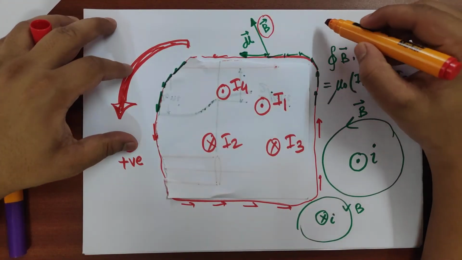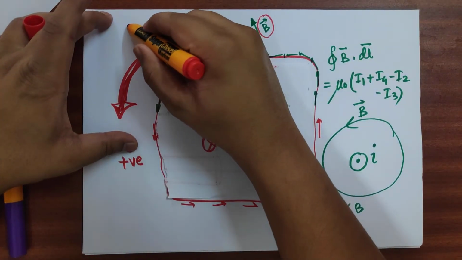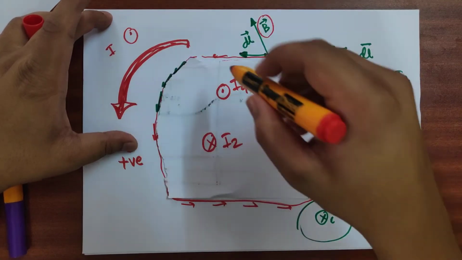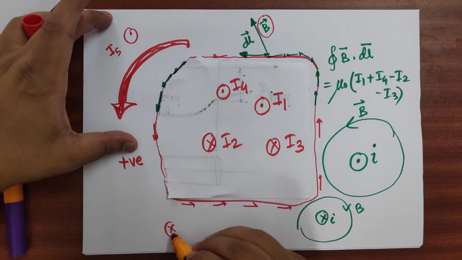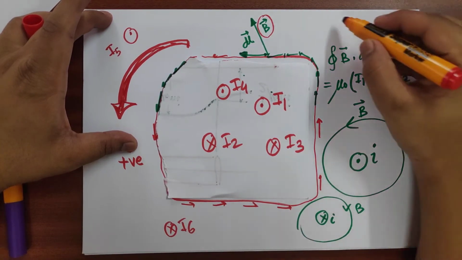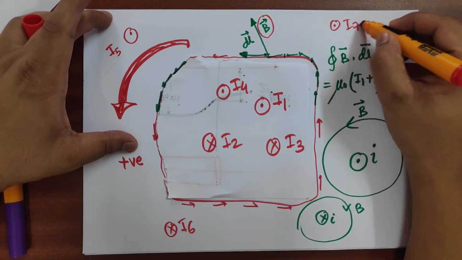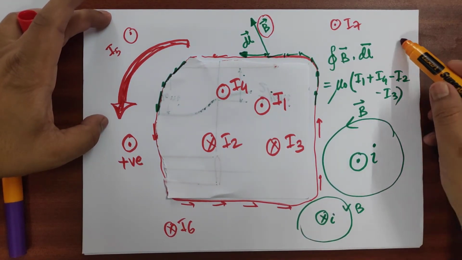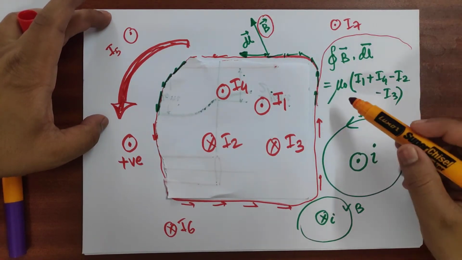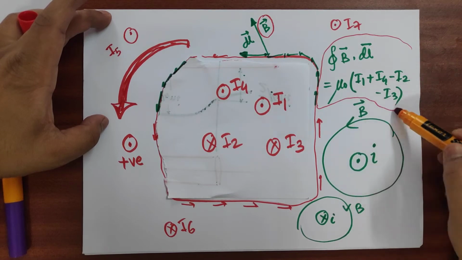So there may be current carrying wires outside the loop like this, say I5, I6 and I7, like that, but these all won't come in this equation, right? This is what Ampere's law is all about.